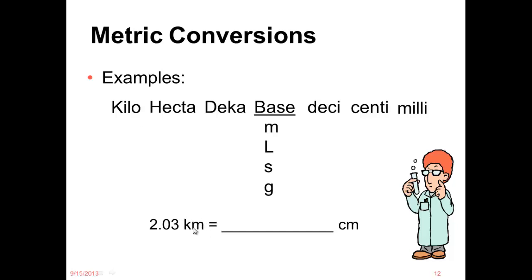We're measuring meters here. So we're going to start on the kilo. Pick up your pencil, put it on the kilo. We need to go to centimeters. So we're going all the way down to centi. So put your pencil on the kilo and then start counting.